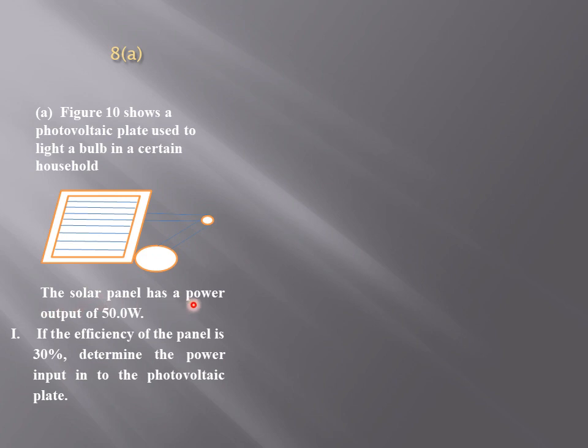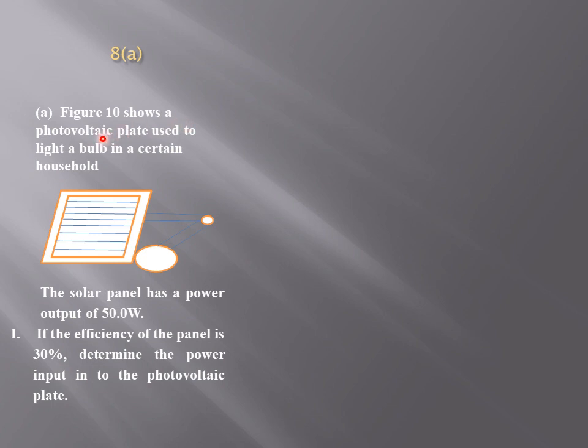The solar panel has a power output of 50.0 watts. If the efficiency of the panel is 30%, determine the power input into the photovoltaic plate.